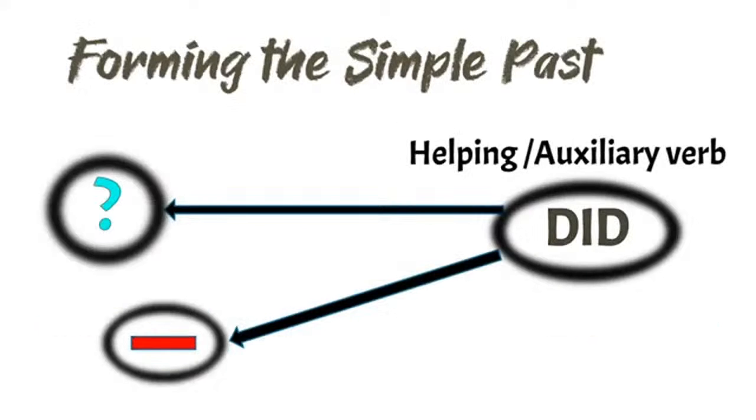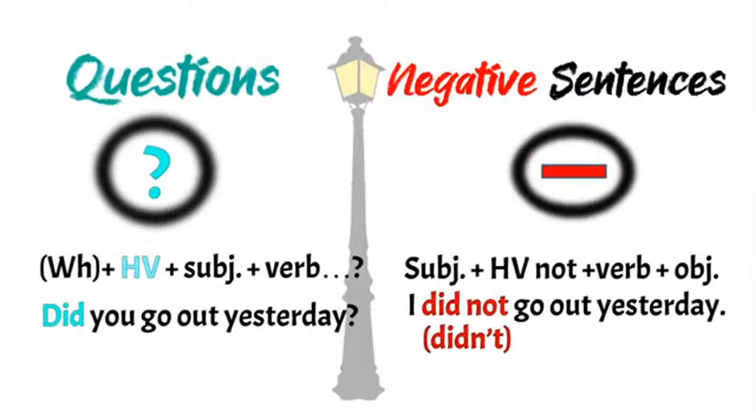So how do we form the simple past? First of all, we need a helping or auxiliary verb. In this case, we chose did. We use did for questions and for negative sentences. Let's look at questions first.